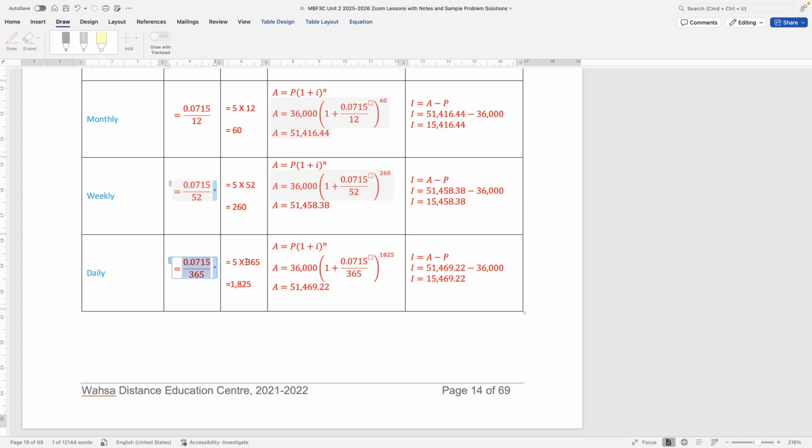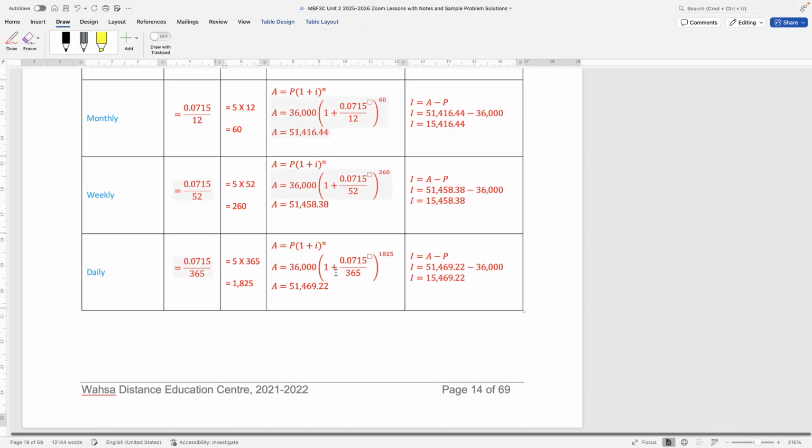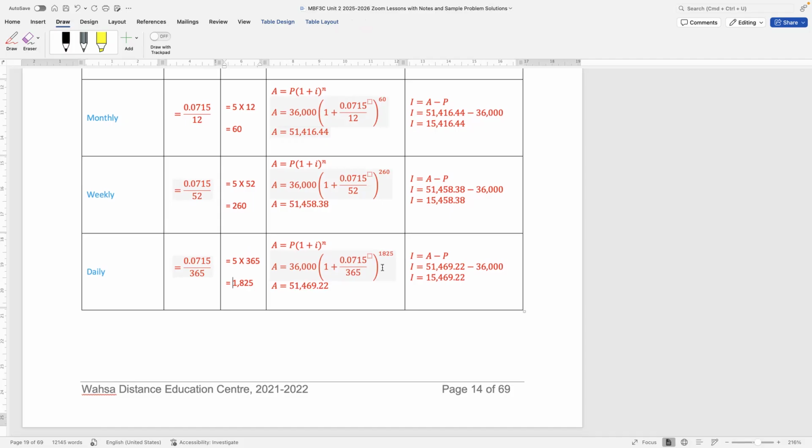Now, 365 days in a year times 5 years will give us 1,825 days. So that's going to be to the power of 1,825. That gives me 1.429700515. Now I need to multiply that by 36,000.